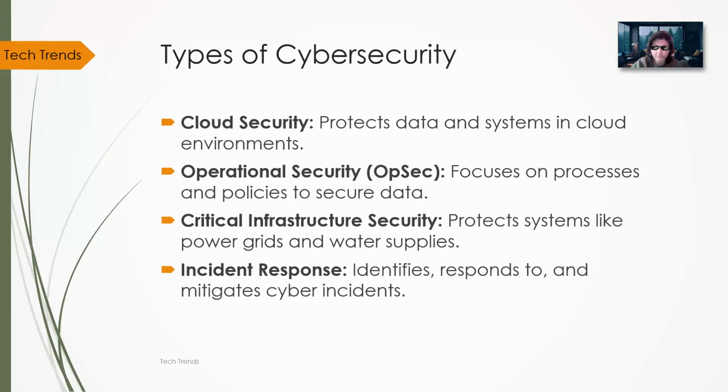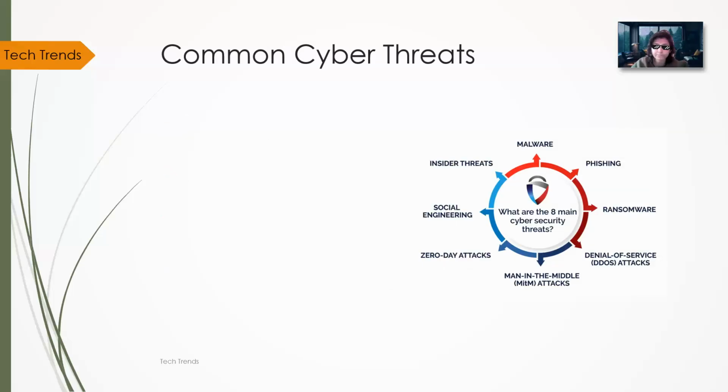Then is incident response. I would term this as more like a first responder. Whenever there's a cybersecurity attack or incident, the incident responder identifies these threats, responds to them, and mitigates the rest of the damage.